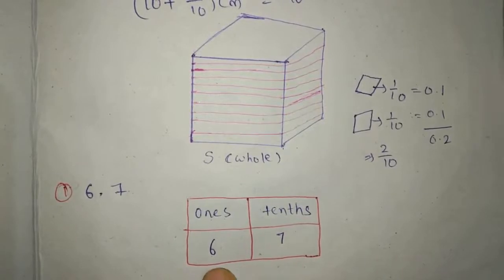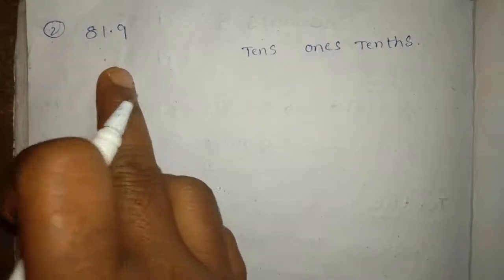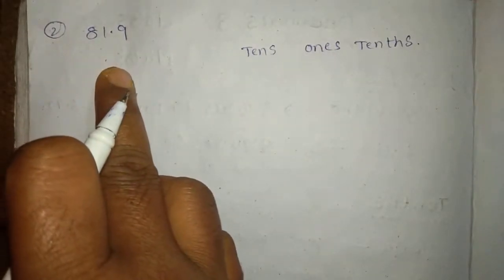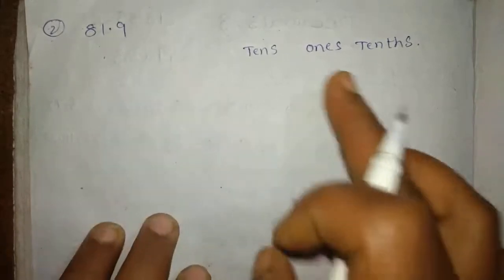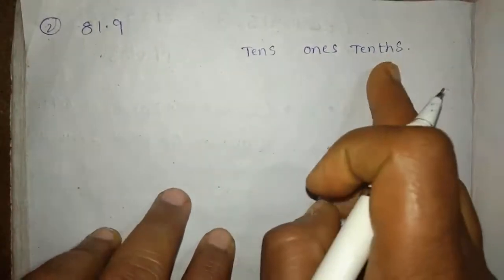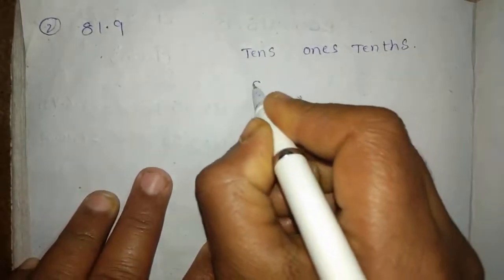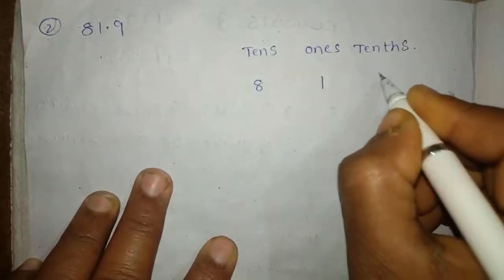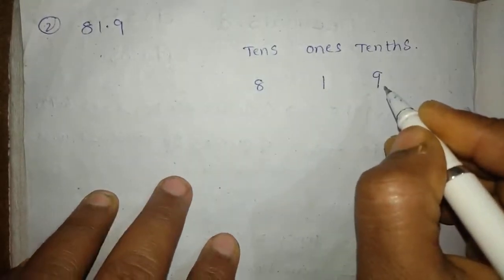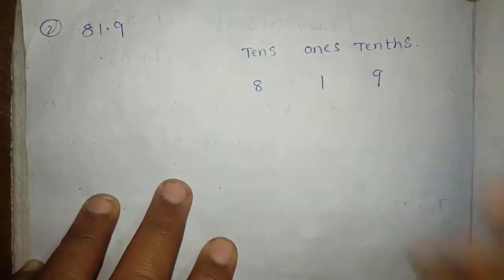We read it as 6.7. Now if you want to write 81.9, we take tens, ones, tenths. That is, tens place is 8, ones place is 1, tenths place is 9. So this becomes 81.9.